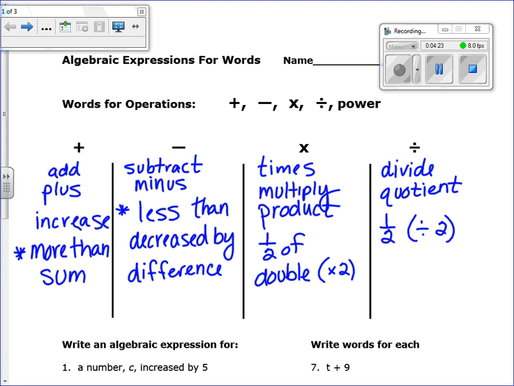So we can either say half of something, which means multiply by a half. But remember, half of something also means divide by 2 as well. Okay, so we could say 1/3 of, right? And that would mean divide by 3. Okay. So these are just some words. I'm sure you've come up with more.